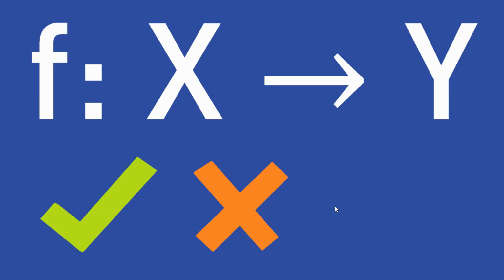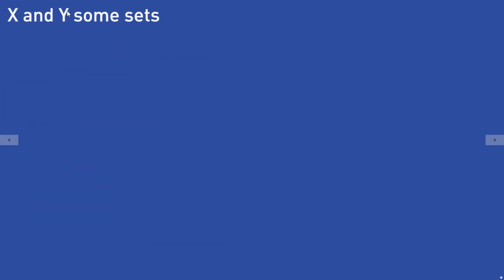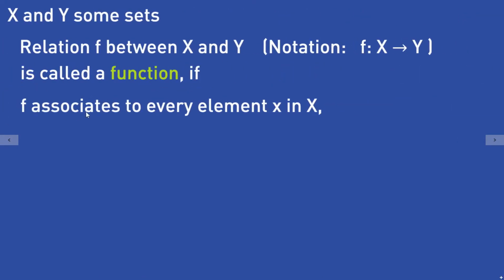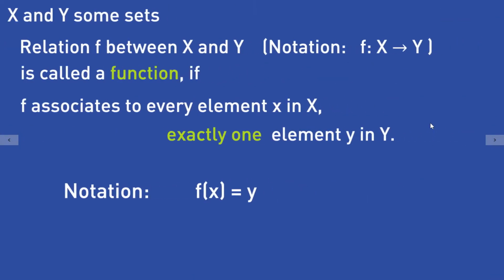First of all, we have two sets, which we call X and Y. A relation or a process f between the sets X and Y, which we denote like that, f from X to Y, is called a function if the relation f associates to every element x in the set capital X exactly one element y in the set capital Y. This relation f can be denoted like that: f of x is equal to y.